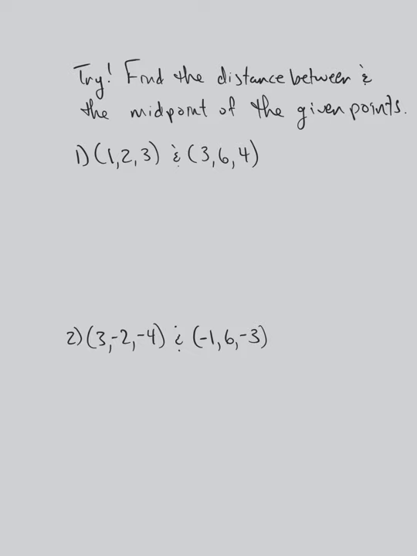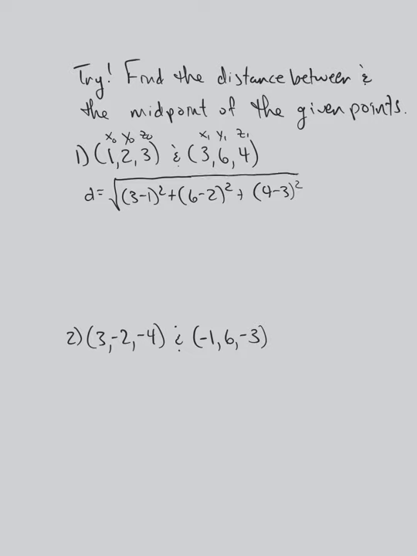For the distance, if you're using the formulas, this is our x naught, y naught, and z naught, and this is our x1, y1, and z1. So the distance is the square root of the change in the x's, 3 minus 1 squared, plus the change in the y's, 6 minus 2 squared, plus the change in the z's, 4 minus 3 squared.